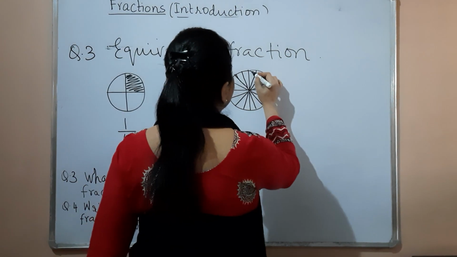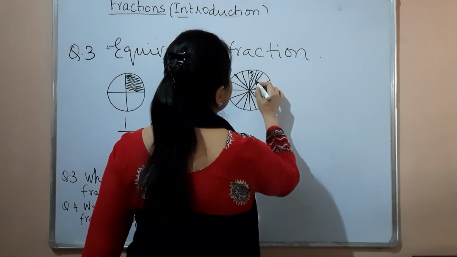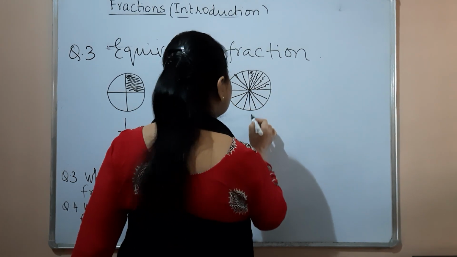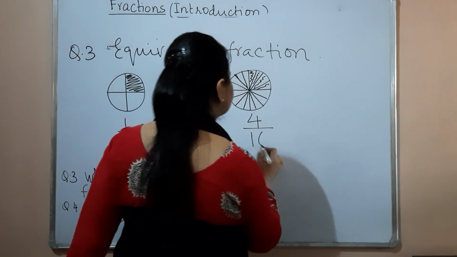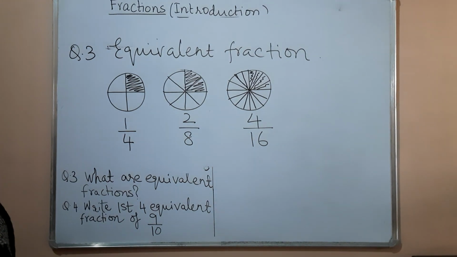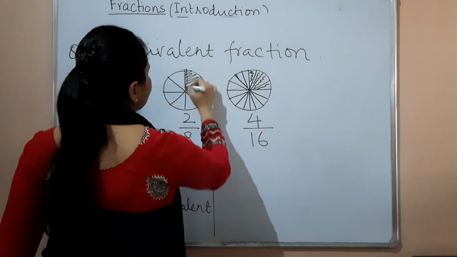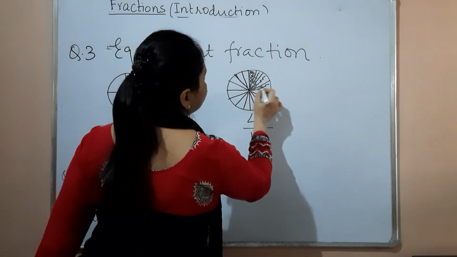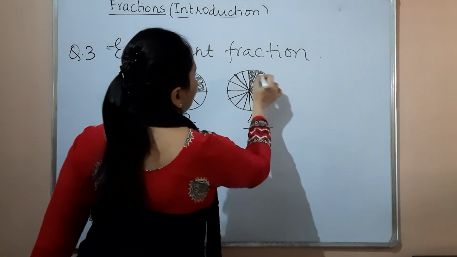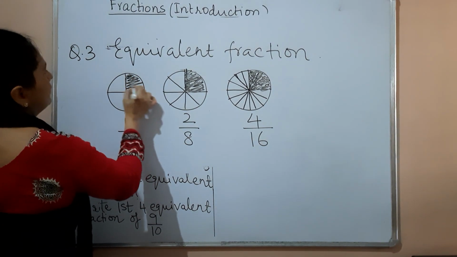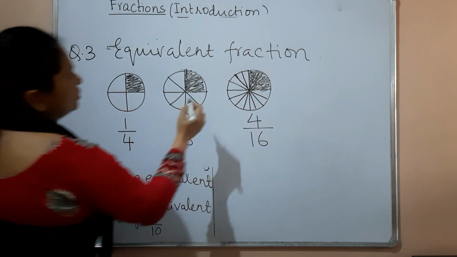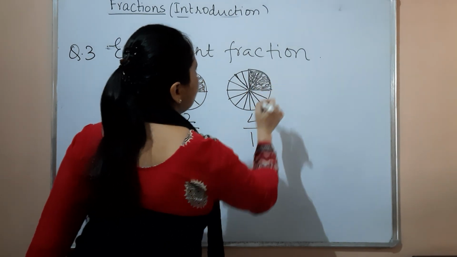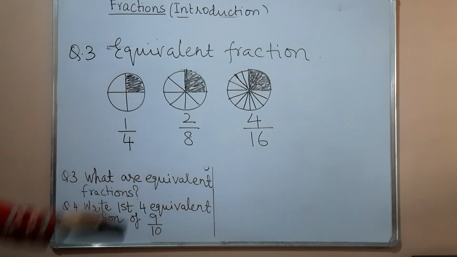If I had given 1, 2, 3 and 4, that means I had given 4 out of 16 pieces. And you can observe the amount you are getting in each one of them is 1/4. Right? This is the portion we are getting. And you can observe that all the three portions are equal, it is 1/4.